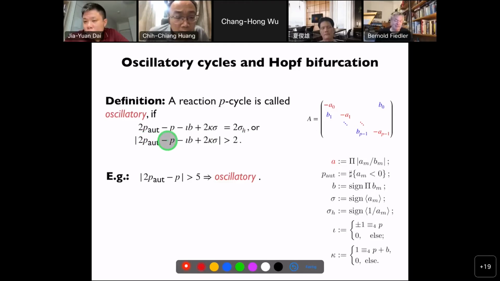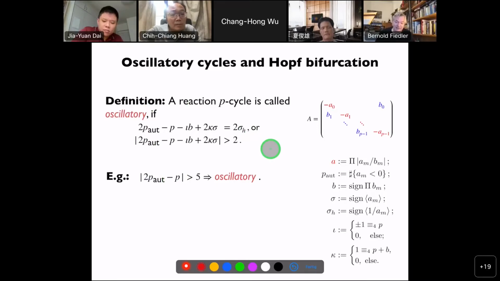For example, the extreme cases: everybody is autocatalytic, then this gives me a number P, or nobody is autocatalytic, that also gives me a number P. And then there are corrections which are a little bit messy, but they are just numbers plus or minus 1. For example, if P out minus P is 5 or larger than 5, then I call the reaction cycle oscillatory.